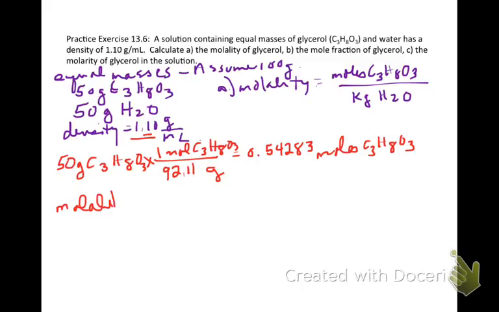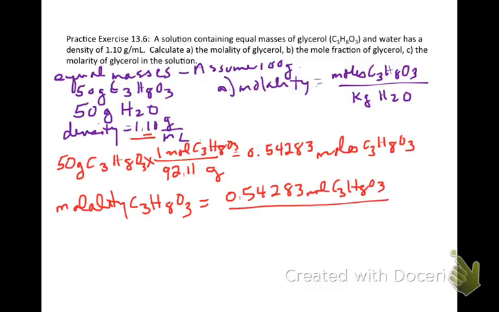So the molality of the C3H8O3 is going to be the moles of the glycerol over the kilograms of the solvent. It's given in grams, so I have to convert grams to kilograms.